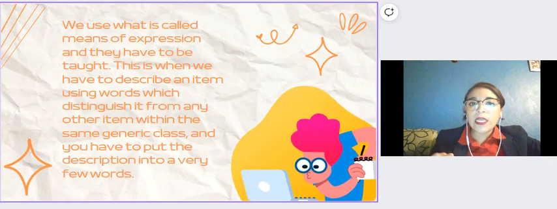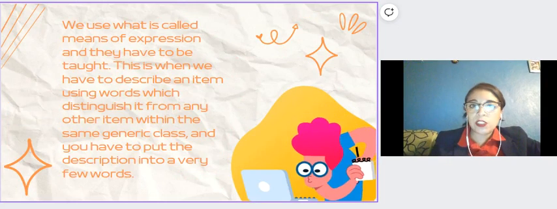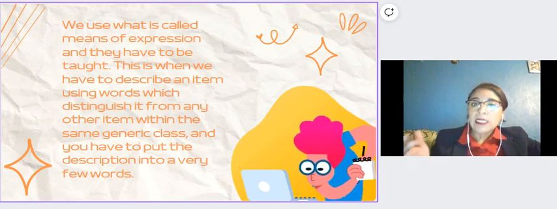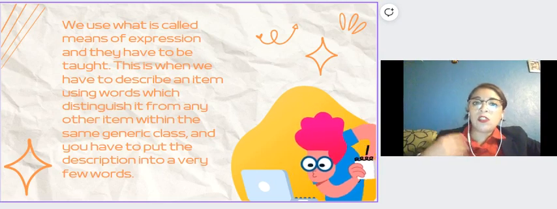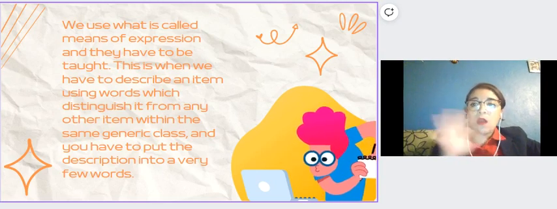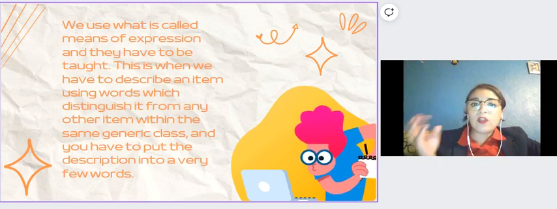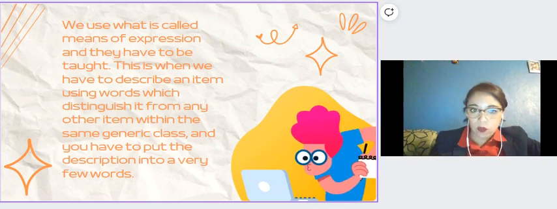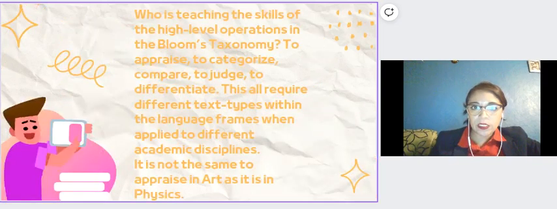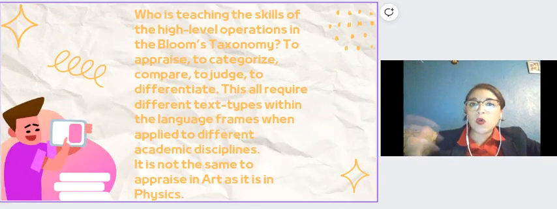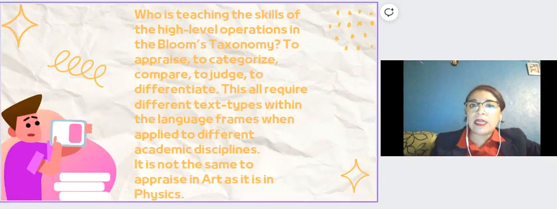Now, we use what is called means of expression, and they have to be taught. This is when we have to describe an item using words which distinguish it from any other item within the same generic class, and you have to put the description into very few words. Now, but who is teaching all of this and who is teaching the high-level operations in the Bloom taxonomy?